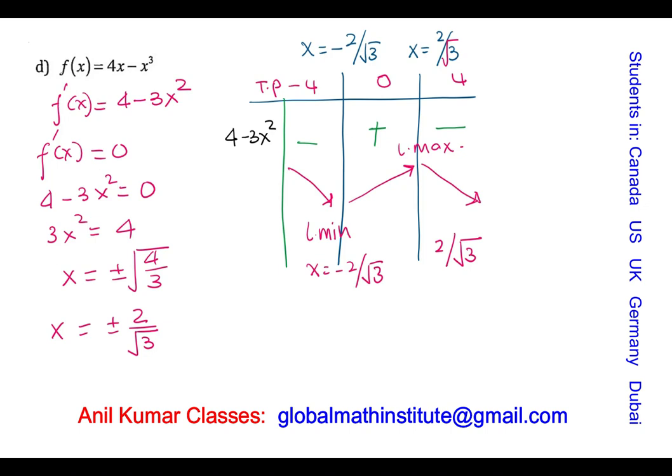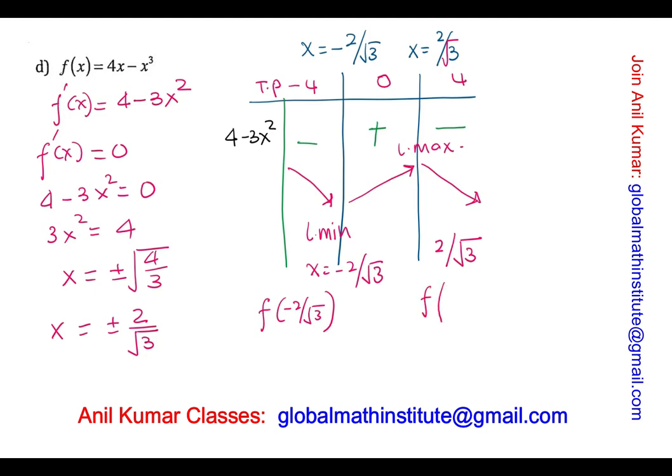So I hope you have understood how we find these. In this case, I'm not calculating the y value. You can always check the value for minus 2 over square root 3, and plus 2 over square root 3, correct? And then write down your answer. So I hope that helps. So with that, we have taken up these three examples.